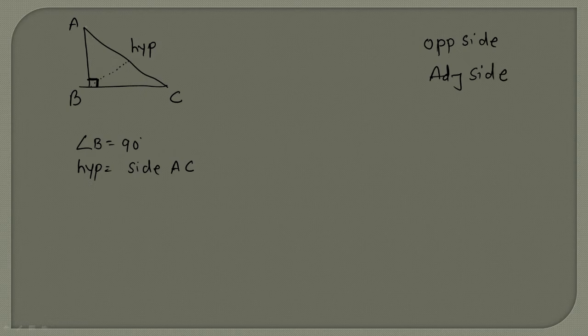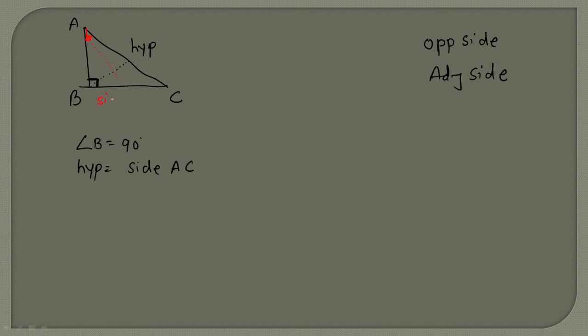Suppose I take angle A. Tell me the side opposite to this angle A. It is BC.